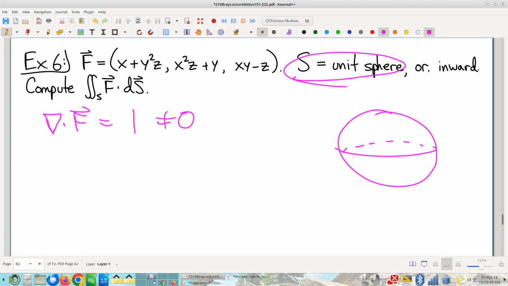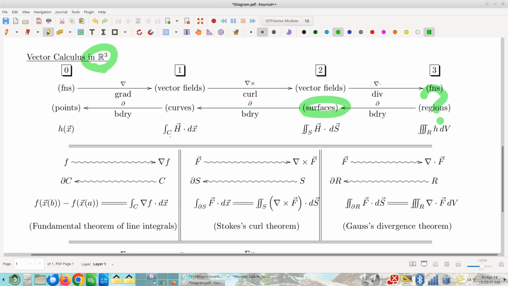Okay. So back to the diagram. We have this surface in R3, and it is indeed a boundary of some region. By the way, I have already computed the divergence, and I got 1. Right? And so not only is Gauss's divergence theorem on the table, but I have everything that I need to use it.